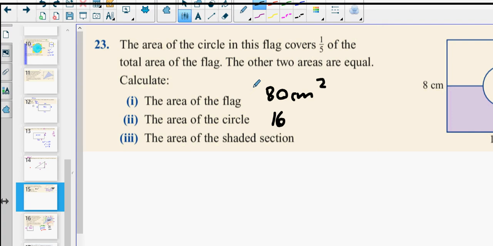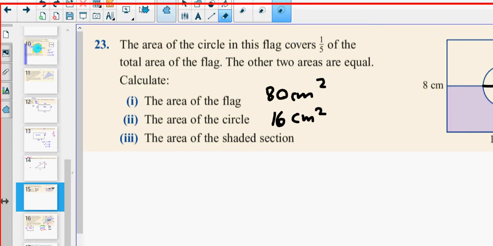16 centimeters squared. Okay, pi r squared is 16. Would you agree with that? I don't even need to do that. Cut the circle in half. That's 8 centimeters squared.